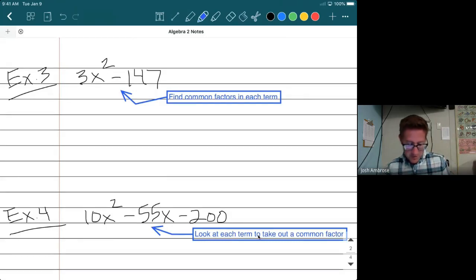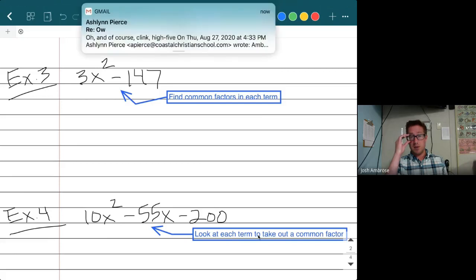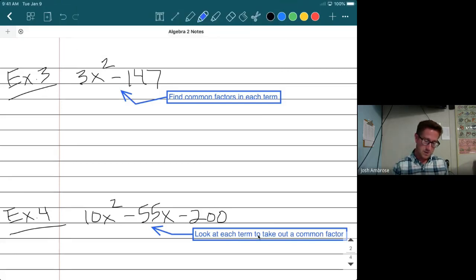Okay, first step for example 3, as the note says, find a common factor in each term. So what we're looking at is 3x squared minus 147. Sorry. Do we have a common factor? And what is a common factor? That would either be a number that they both share, or a variable that they both share.